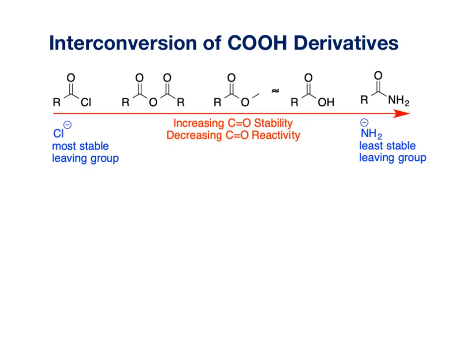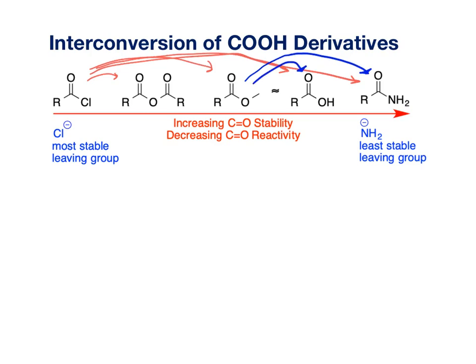So what we can do is convert any of the less stable derivatives into a more stable derivative. So you can convert the acid chloride into any of these. And you can convert, say, the ester into the amide.